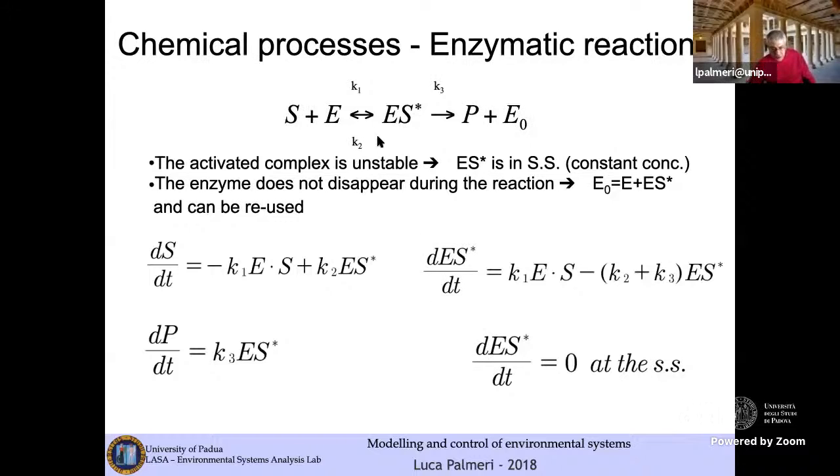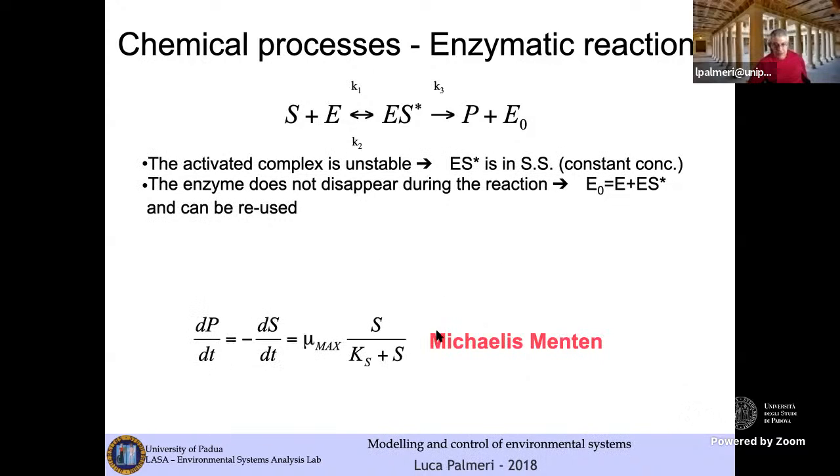The constraint that describes the steady state conditions is that the variation in time of the activated complex ES star is equal to 0. So we will always have the same concentration of the activated complex ES star. I suppose that you have already seen this.